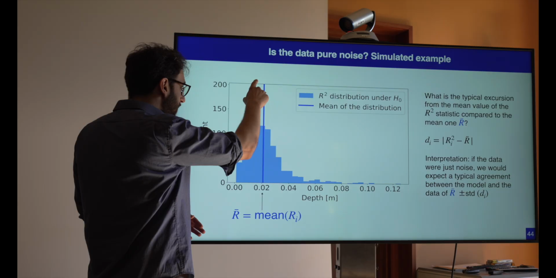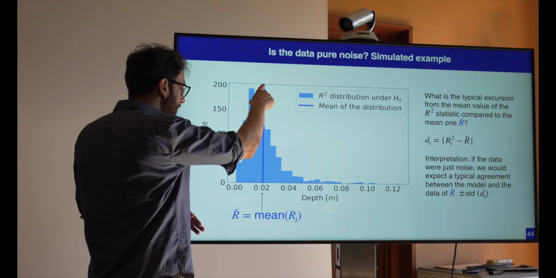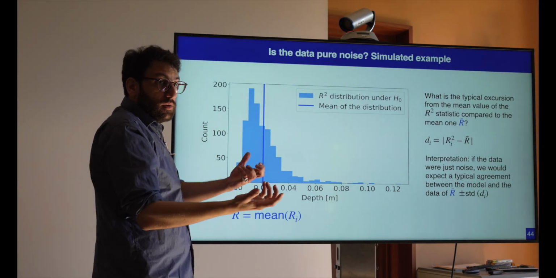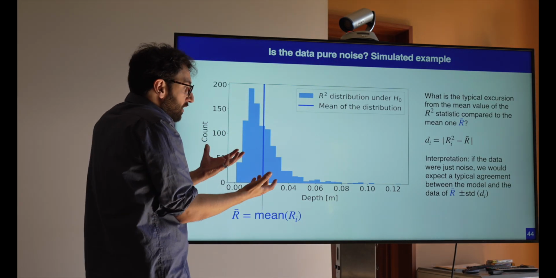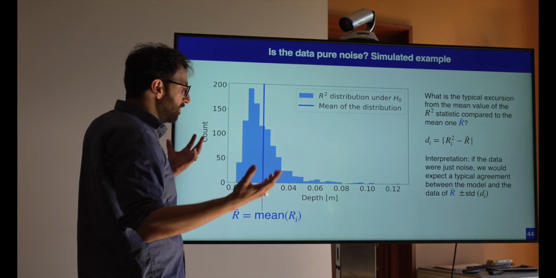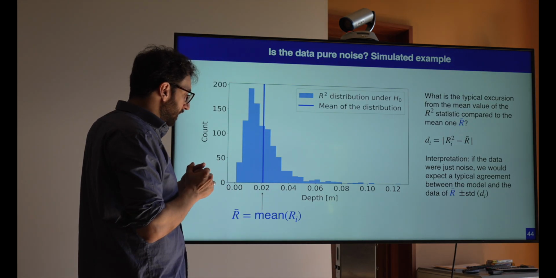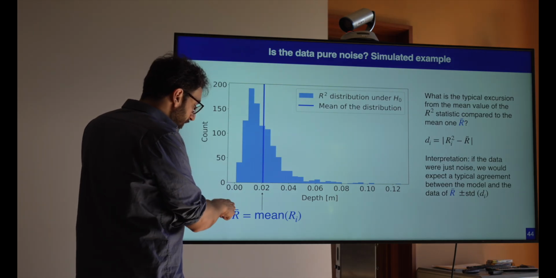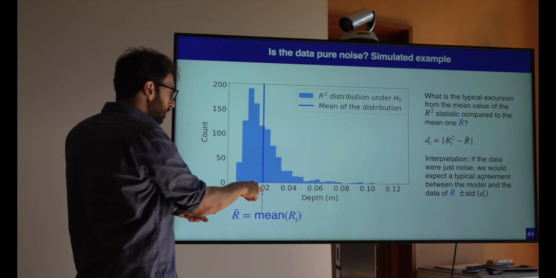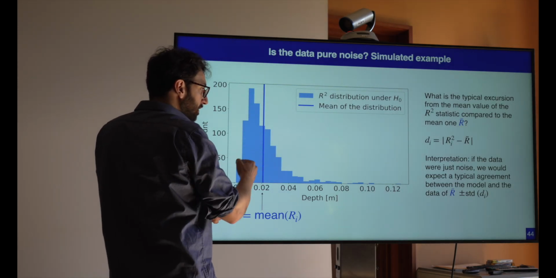If my data was a realization of the null hypothesis, if it was not different from the mock data set, I would have a value of R which is close to this plus or minus the standard deviation.